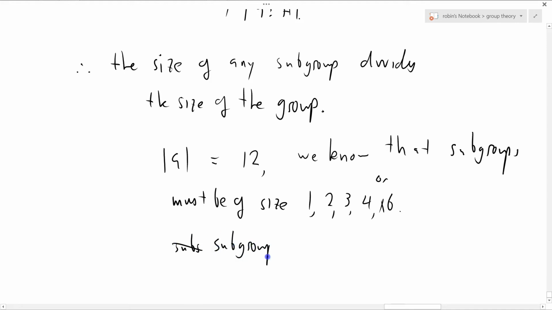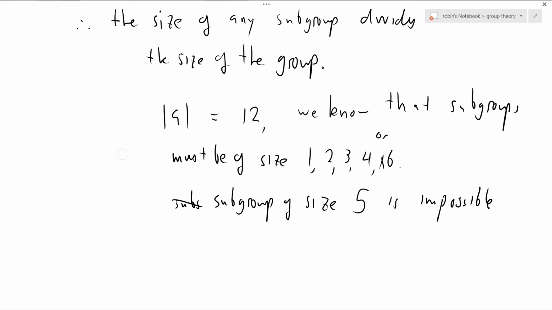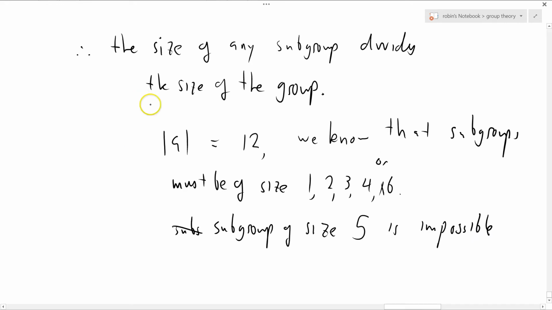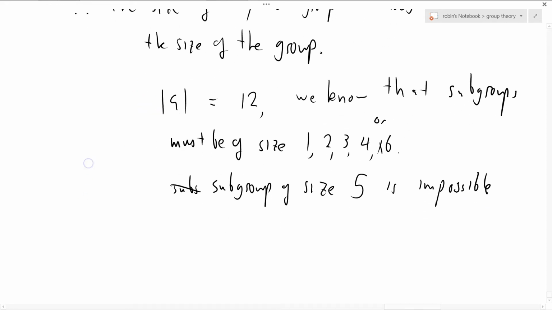Subgroup of size 5 is impossible, because the size of any subgroup divides the size of the group. It must be a divisor of it.